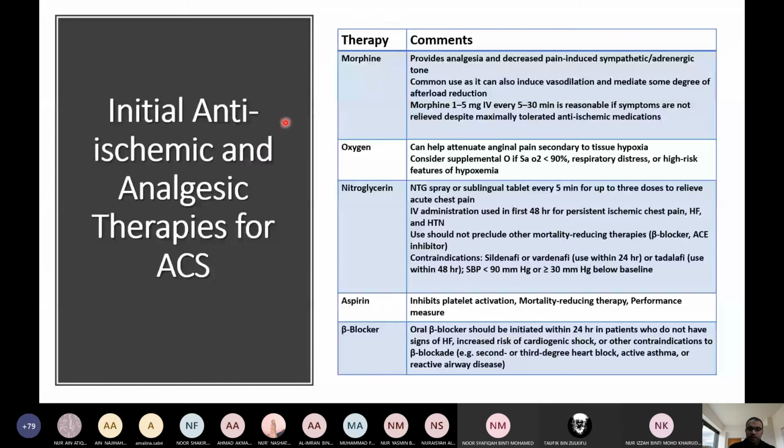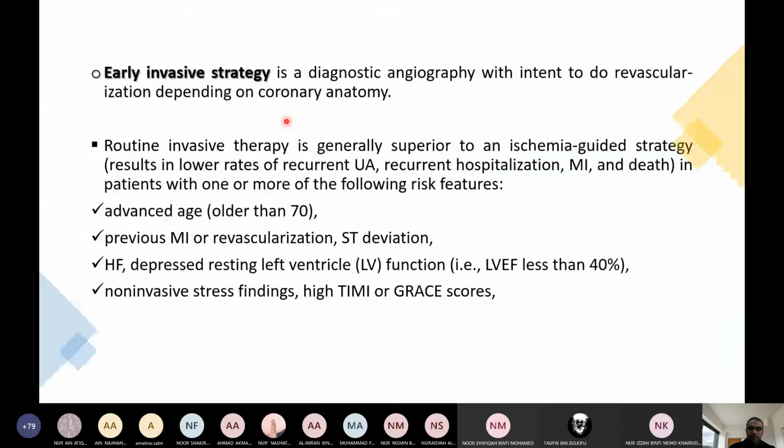Okay, so now, brothers and sisters, I think you somehow understand the approach for the STEMI, and how important the reperfusion strategy is, either by lytic therapy or PCI.